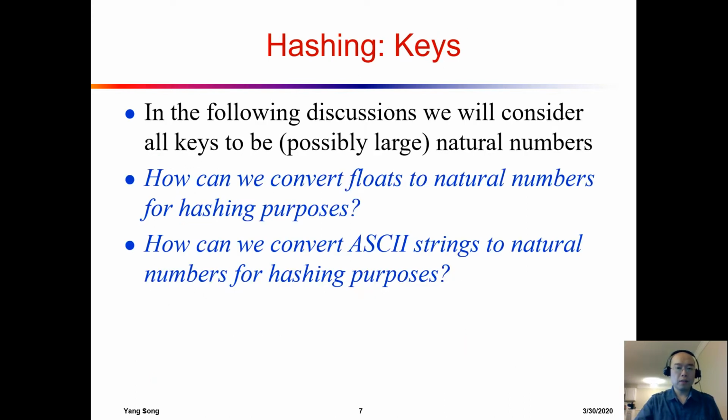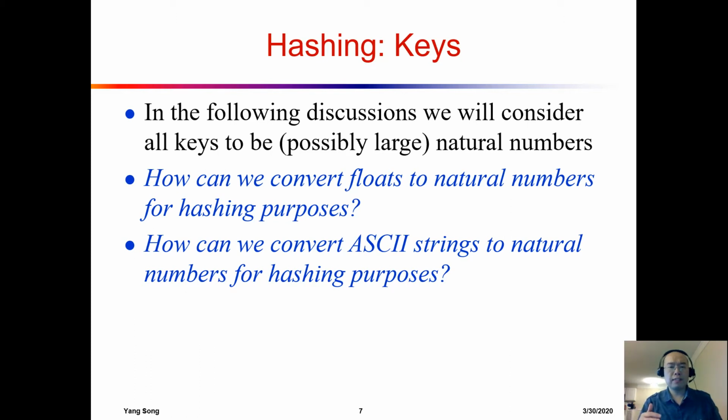Okay, so for the keys, in the remainder of this lecture, we are going to assume that the keys are just the natural numbers. You may ask, how about a key that is a float number? Or how about a string?